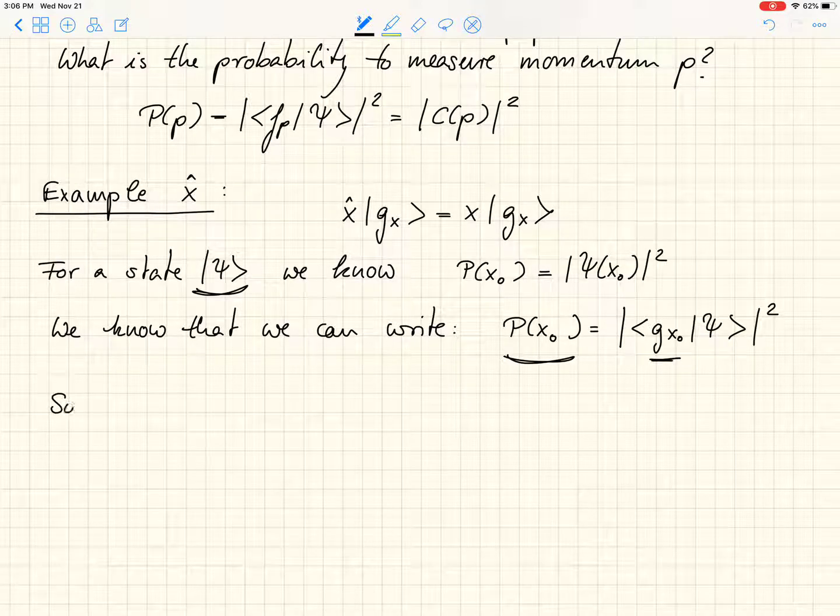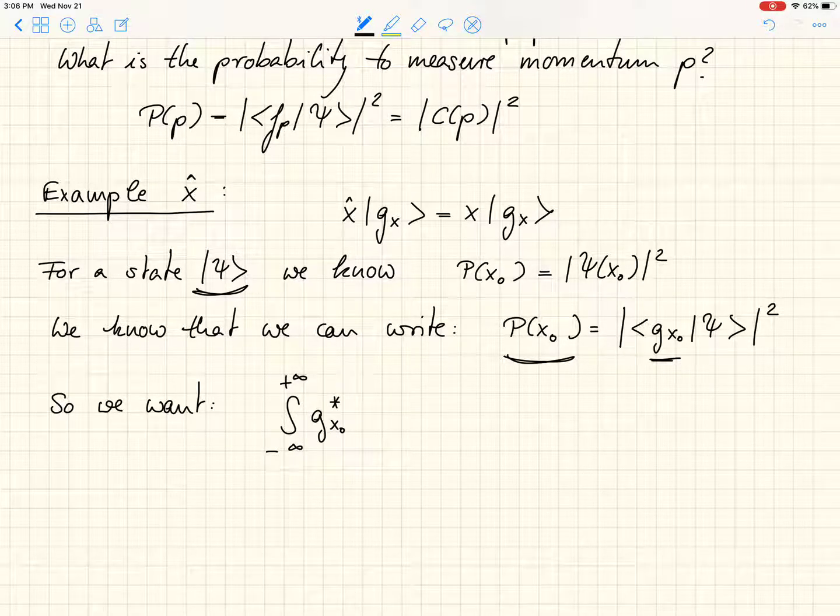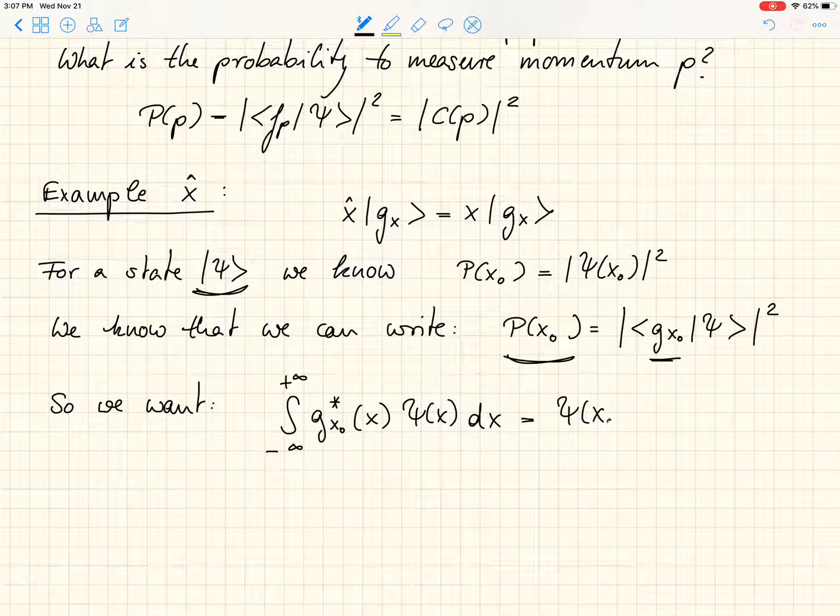So what we want is a function in real space where the inner product of that function with the wave function psi of x gives us the wave function at position x0.